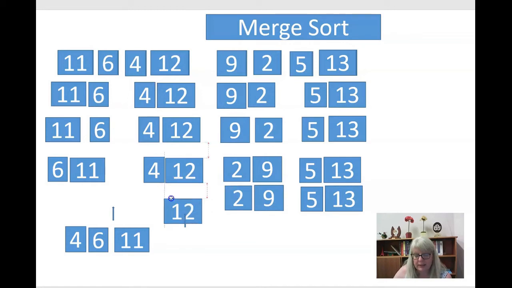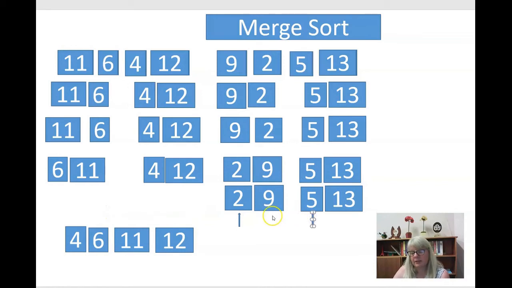And you still remember that's the algorithm for merge. Shall we quickly do this side as well? So we have 2 pointers, 1 pointer at the beginning of each list. Compare the 2 numbers at the pointers. 2 is smaller than 5, so move 2 to the new list, move on the pointer.